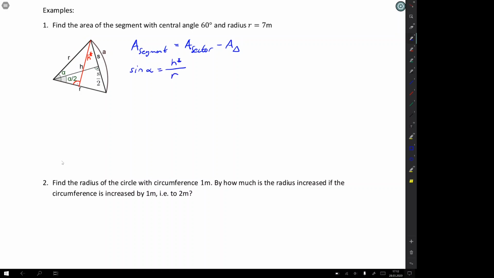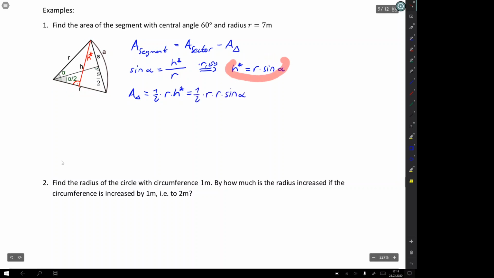Solving for h star, we multiply by r and we get h star is r times sine alpha. The area of this triangle can be now calculated as base times height divided by 2, so 1/2 times this radius times this h star.